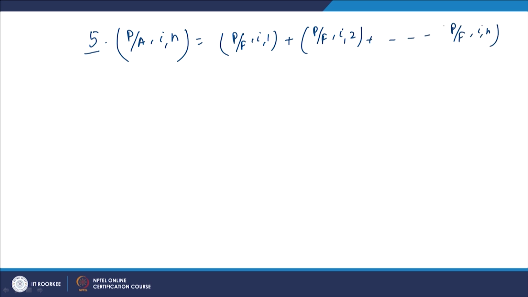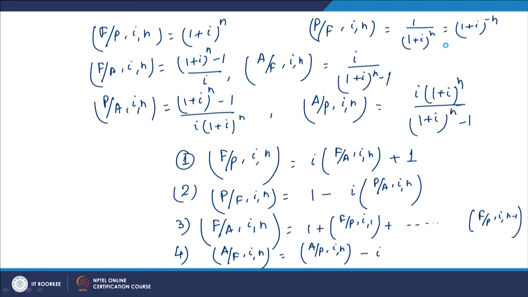You can check from this that if the series is increasing, then 1 by 1 plus i will be going on. So, you will have this as the first term, and 1 by 1 plus i is also the common ratio.